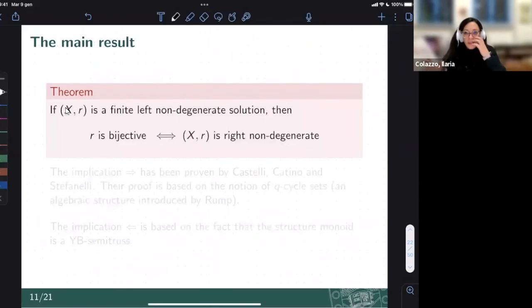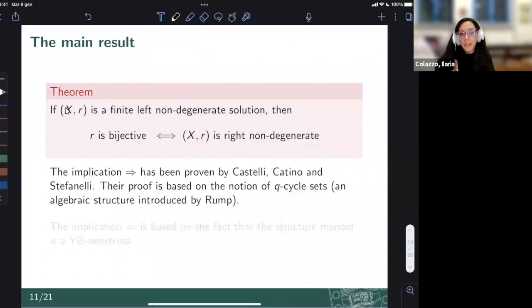So we are now ready to state the main theorem and to see the basic idea that lies at the core of the proof. If X is a finite left non-degenerate solution, and finiteness is a very essential assumption, then R is bijective if and only if R is non-degenerate.